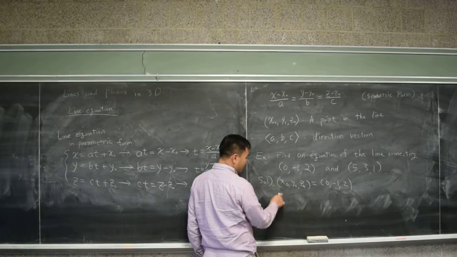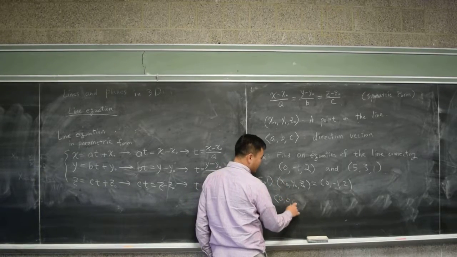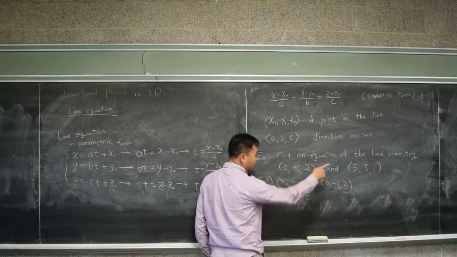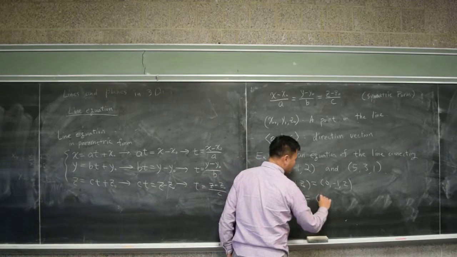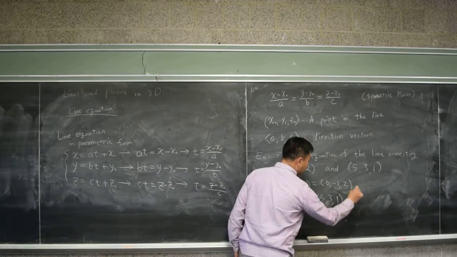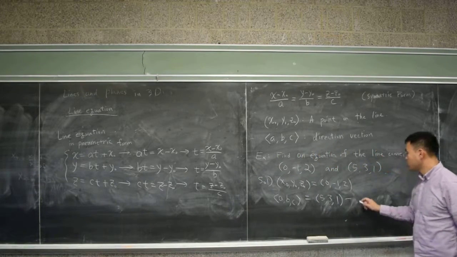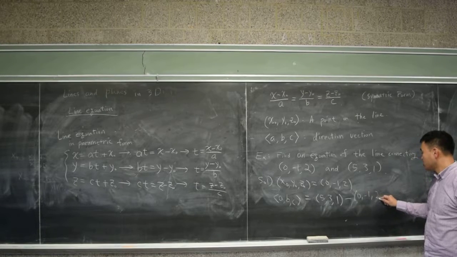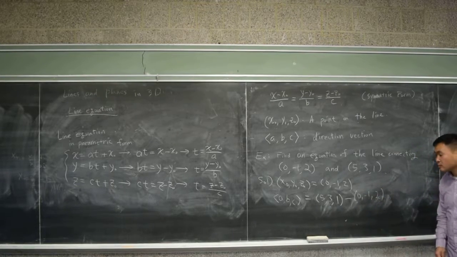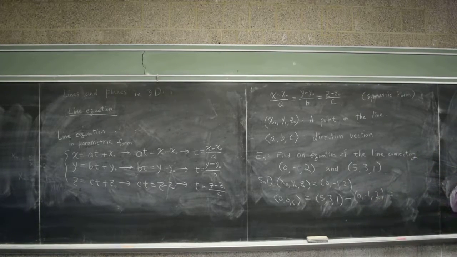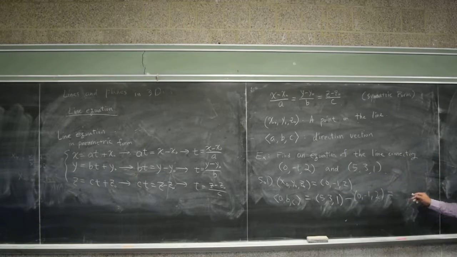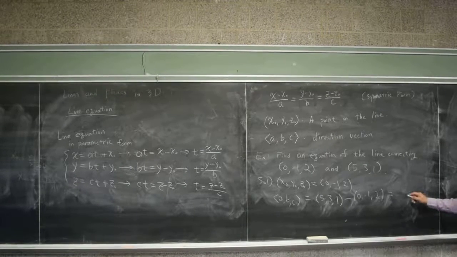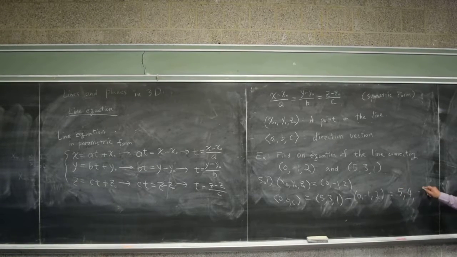And then we want to say that A, B, C, the direction vector should be terminal minus the initial, so it's (5, 3, 1) minus the initial point, which is (0, -1, 2). And then this is 5, 4, negative 1. Okay.